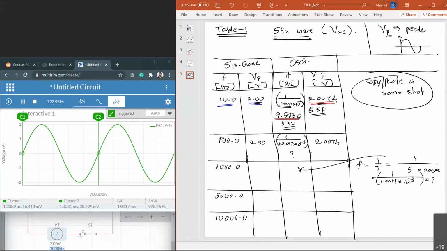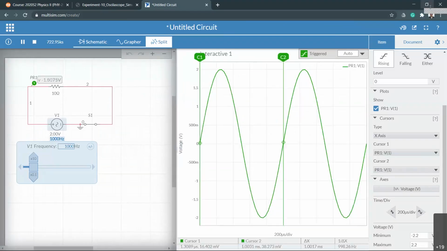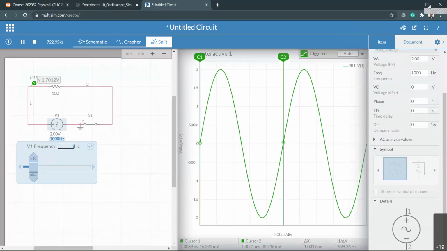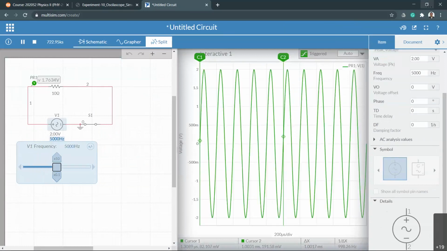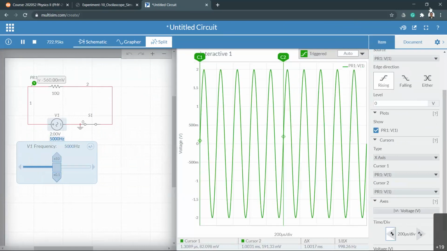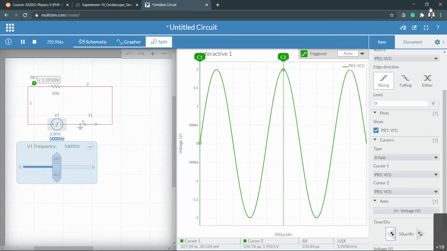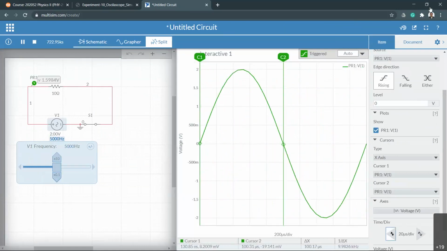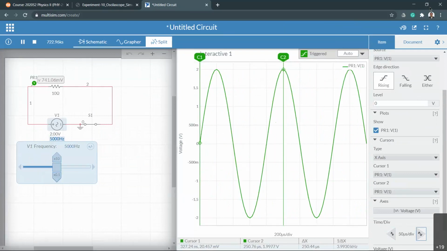Okay, let's do 5000. Click here, put 5000, hit enter, and then click x-axis and change the x-axis a little bit until you see it properly. I need to have a complete loop and then bring this second cursor all the way to the x-axis.